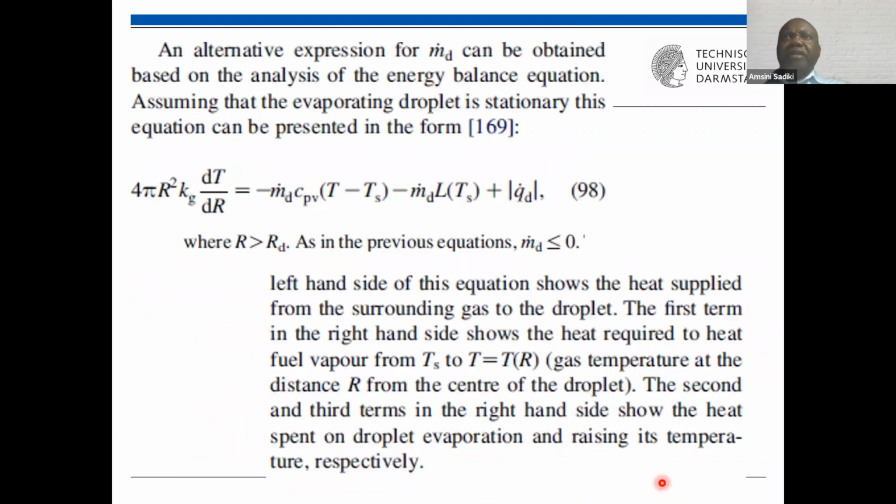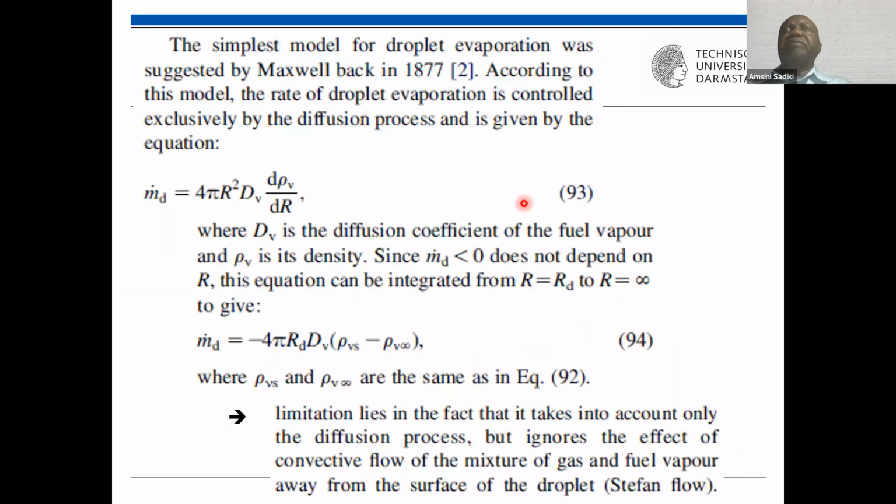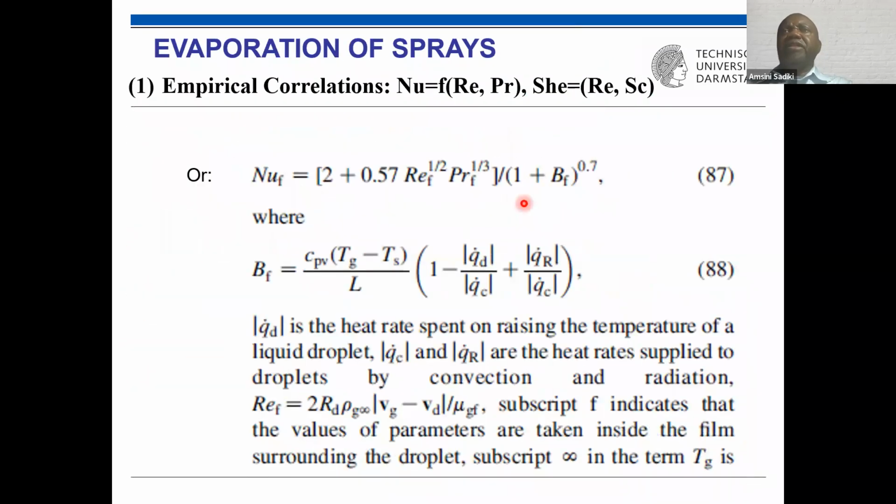This expression can also be obtained if we go from the transport equation of energy. And from the transport equation of energy, we have this part, which is the latent heat, and this is the quantity we need as we introduced it before here. This is the quantity we need to raise the temperature of the liquid.